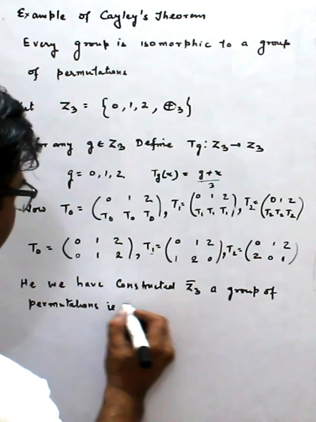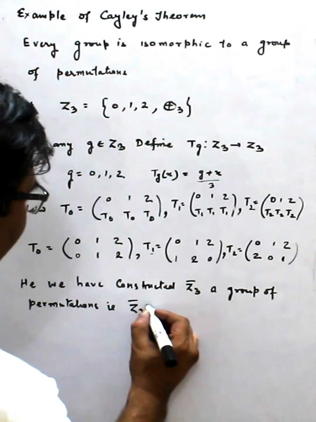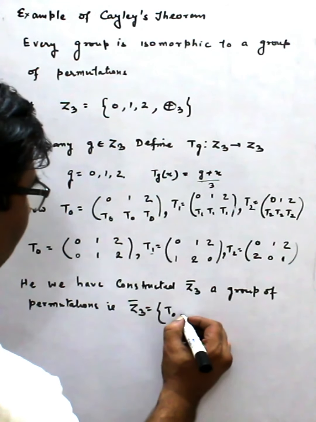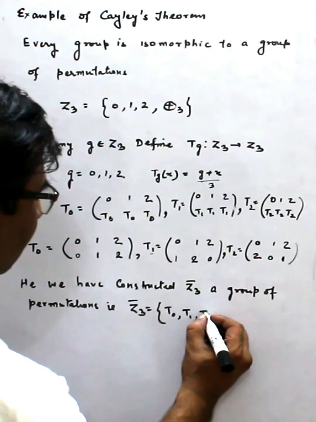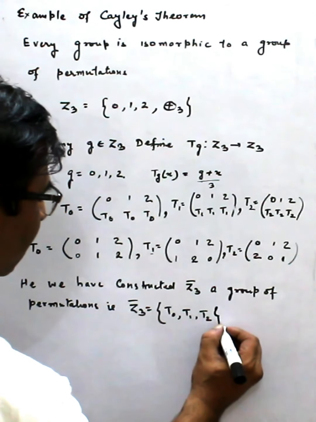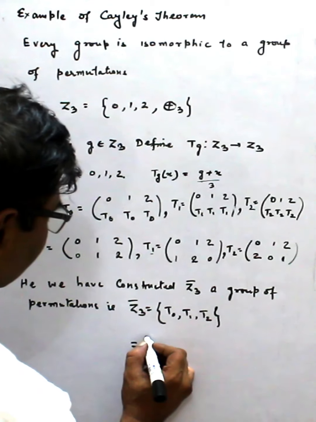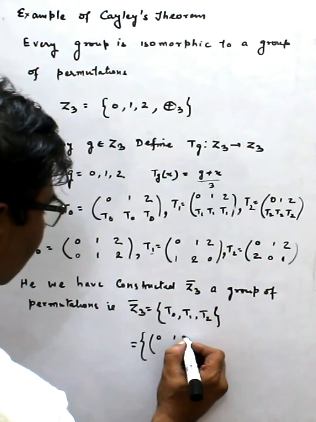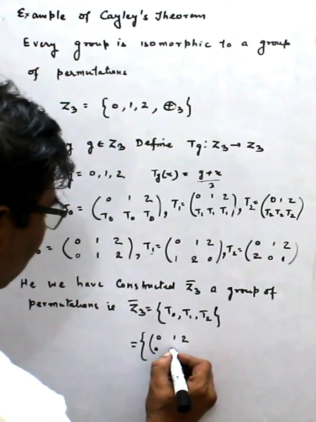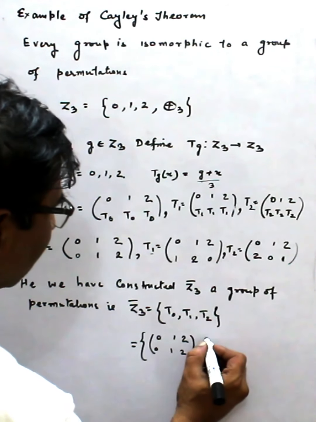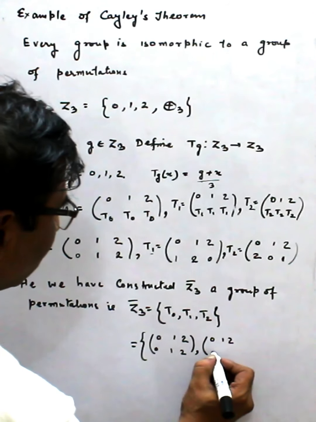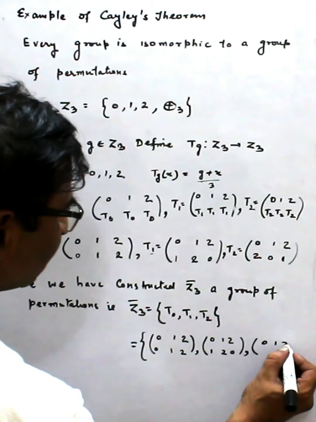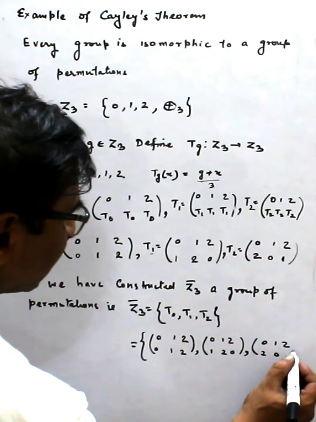Z3 bar contains the elements T0, T1, T2, and this means it contains 0, 1, 2 to 0, 1, 2, and this is 0, 1, 2 to 1, 2, 0, and this is 0, 1, 2 to 2, 0, 1.